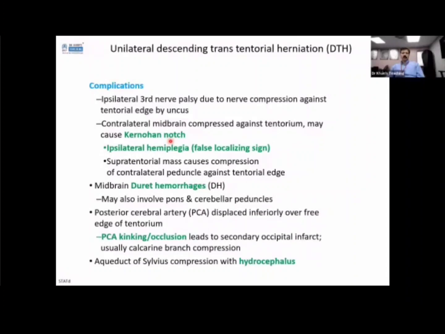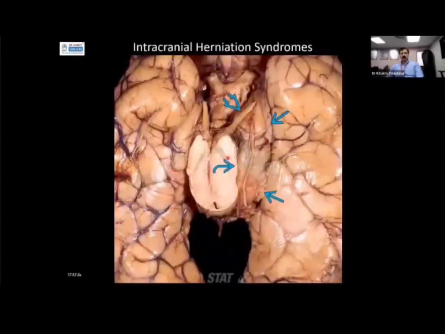Please remember, the corticospinal tracts are going there, and the patient will get false localizing signs, as if there will be hemiplegia ipsilateral to the mass. So this is Kernohan's notch, which can be there. Then there can be hemorrhages in the pons and the medulla. We call them Duret hemorrhages. So these are the complications of transtentorial herniation. Look at this example. And this is the uncus which is sitting here.